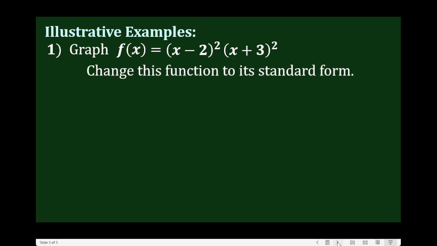By doing so, we're going to change this function to its standard form by performing the indicated operation on this side.